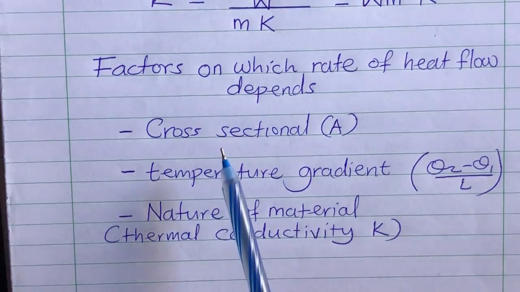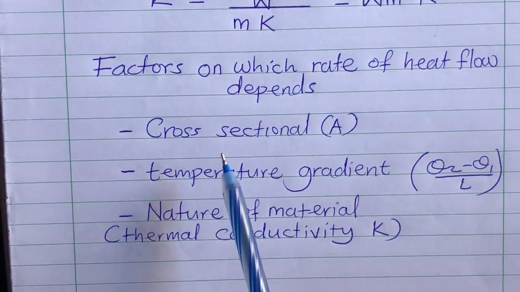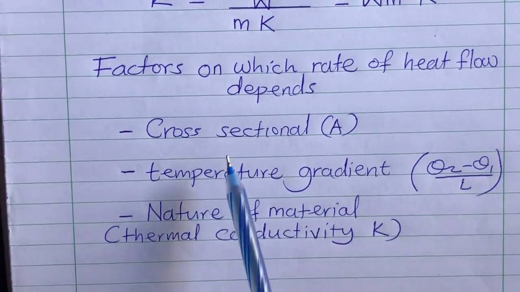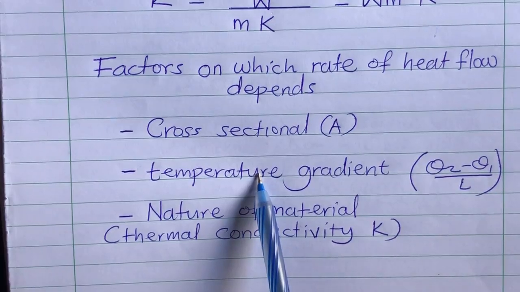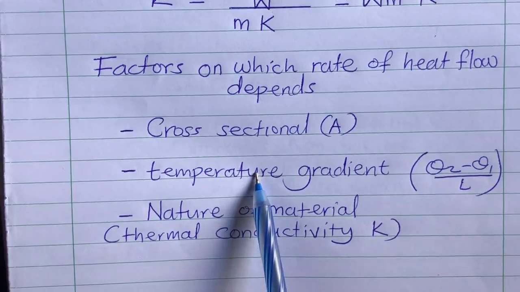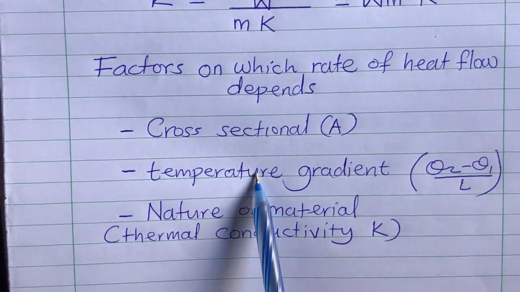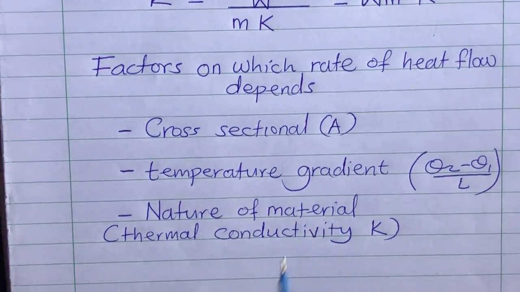However, the temperature difference divided by the thickness gives us temperature gradient. So we combined the temperature difference and the thickness to get one factor, which is temperature gradient. However, we also derived the thermoconductivity, which is now representing the nature of the material.